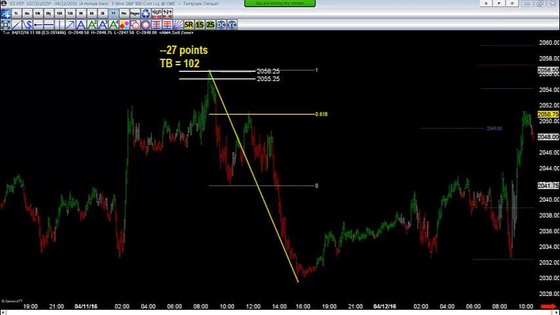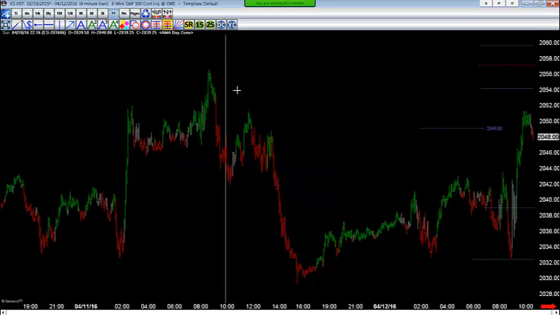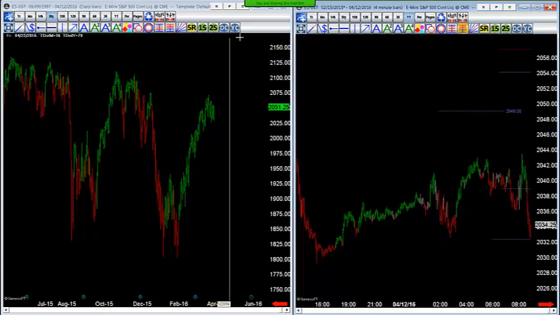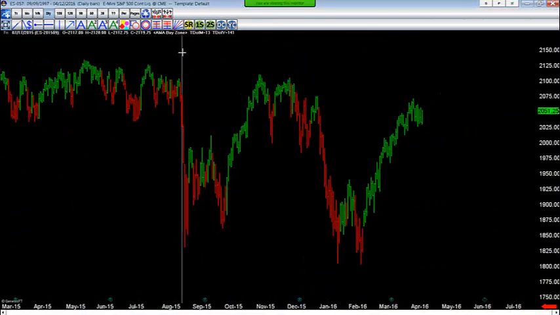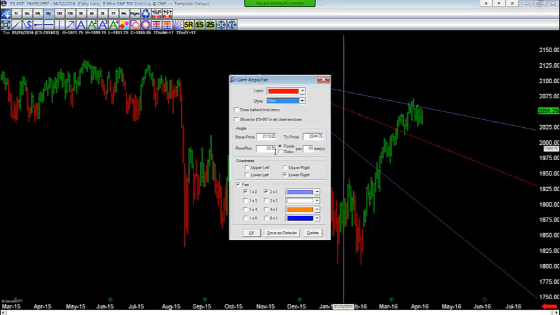So, it's very simple to do. But what you've got to do when you guys go set your Ninja up or Trade Navigator, you've got to do this. All you have to do to see if you've got it right when you get your Ninja and you draw it on here and you go into the template and save it, okay?